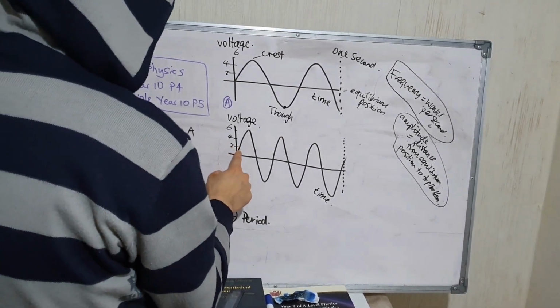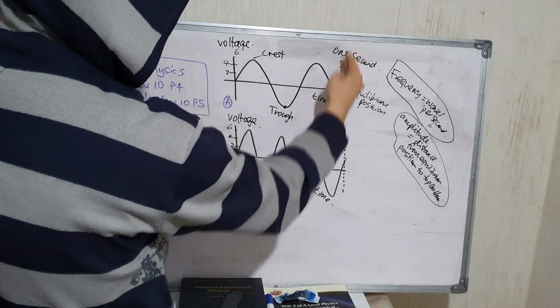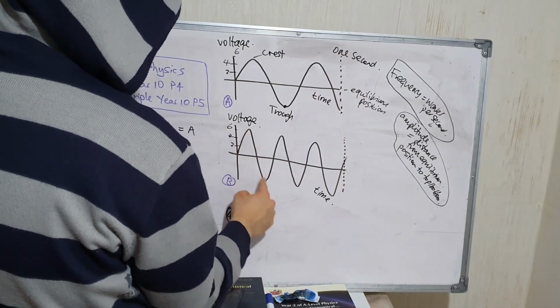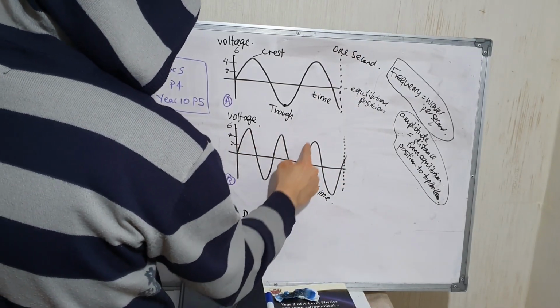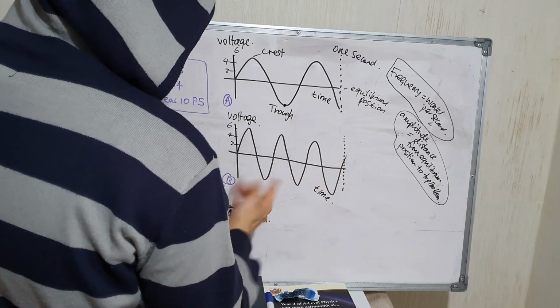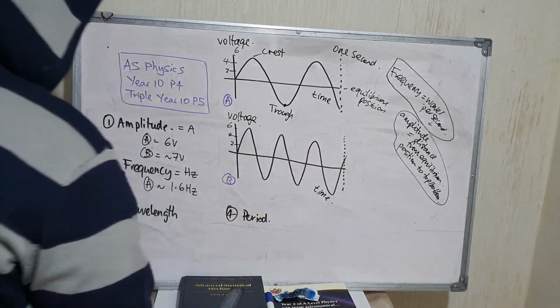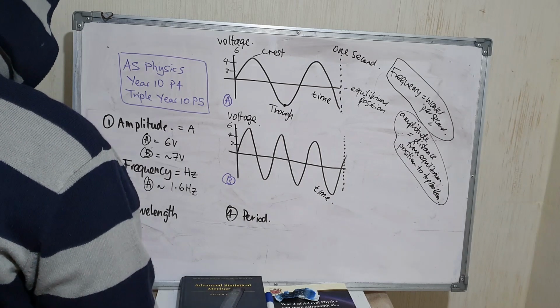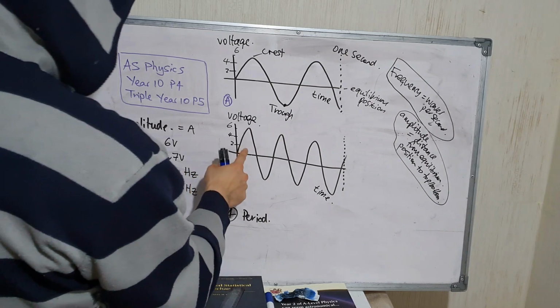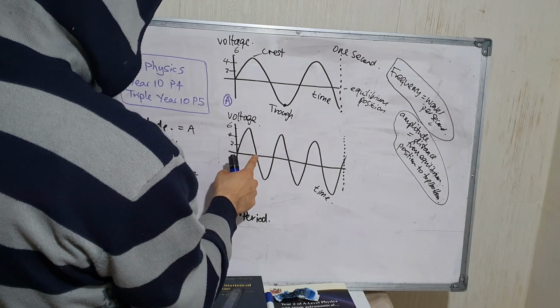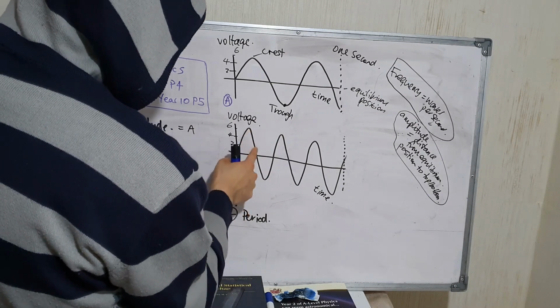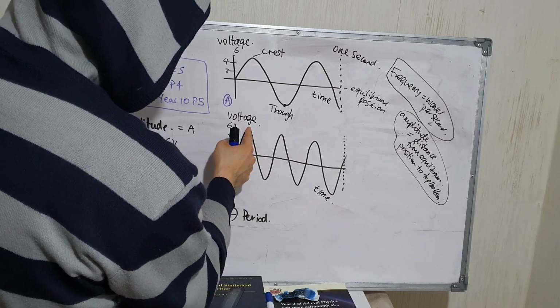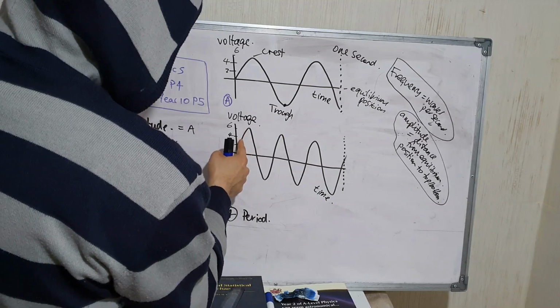What about for wave B? How many waves are there per second? Remember, this is 1 second. So there's 1, 2, 3, so it's more than 3. It's 3 point something. This is a half, this is a quarter, so an eighth.